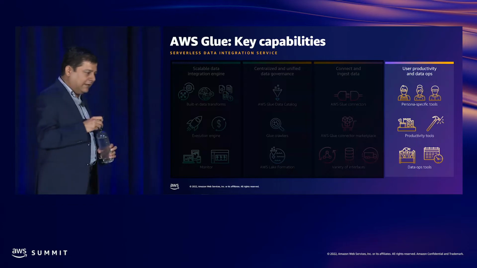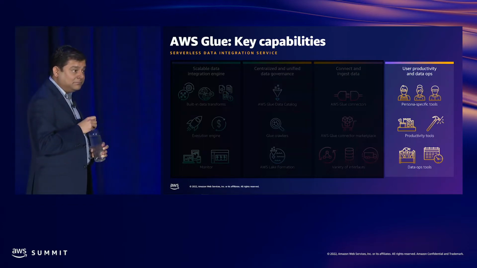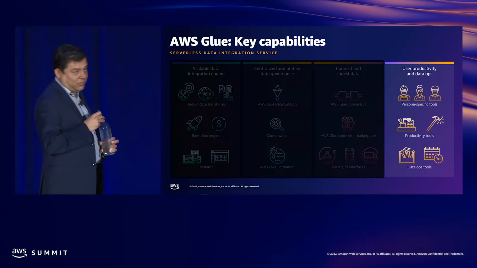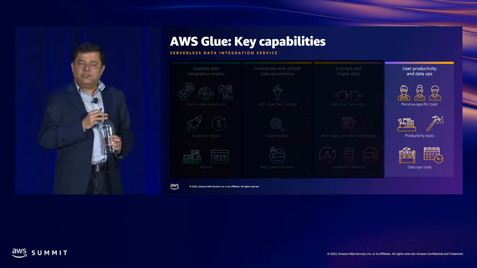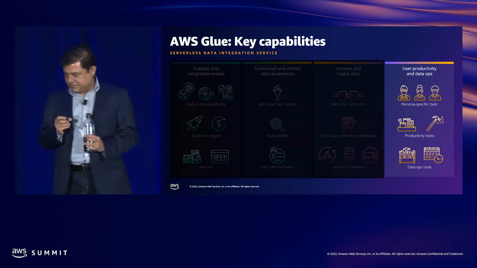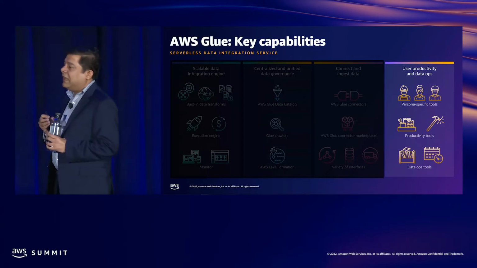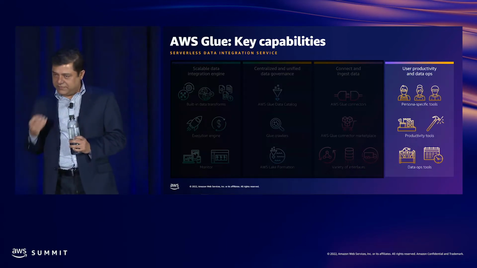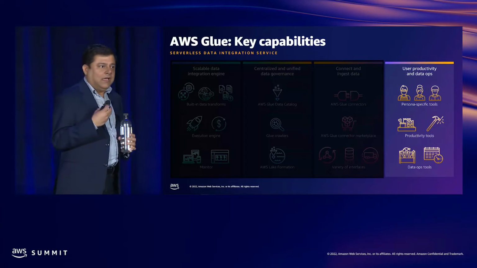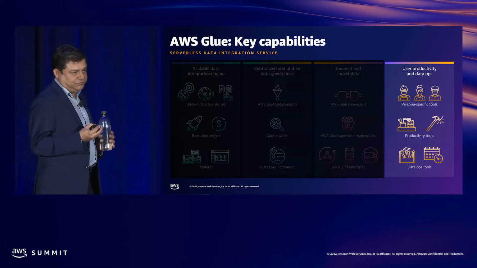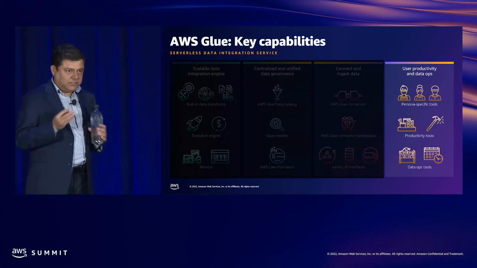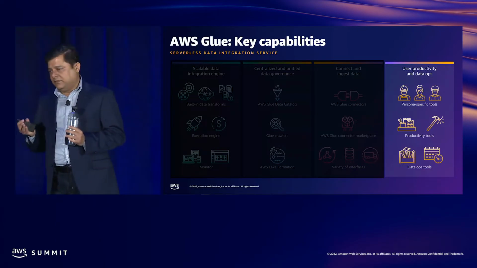You are looking at developers. You are looking at visual job authors. You are also looking at SQL analysts. And all these personas have different skills, they have different desires, and they are comfortable using different tools. And Glue offers it all.